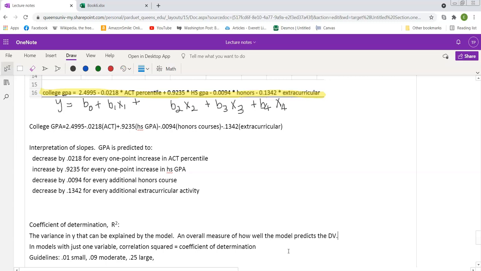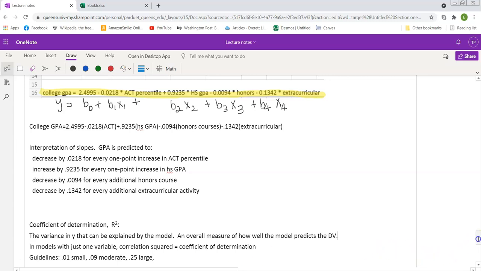So there are some really rough guidelines here, that 0.01 is considered small, 0.09 is considered moderate, and 0.25 is considered large. So if you have a model where you've got an R-squared of 0.25, that's generally considered to be a pretty good model.